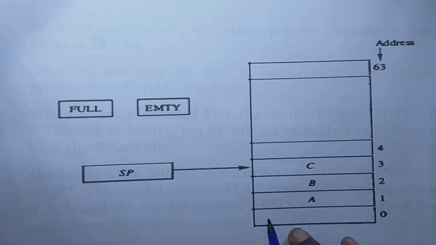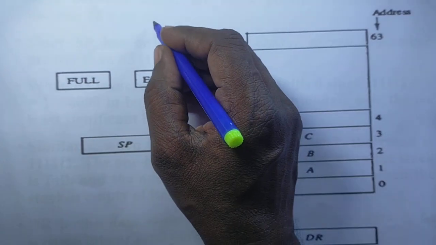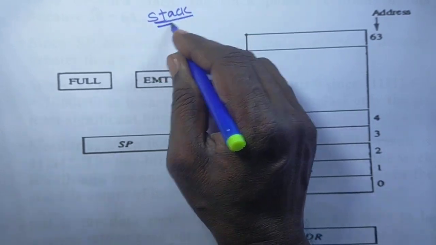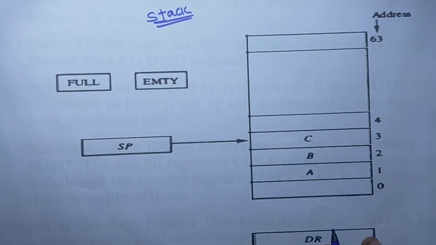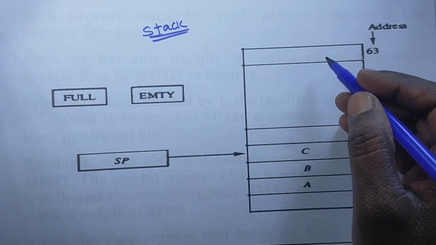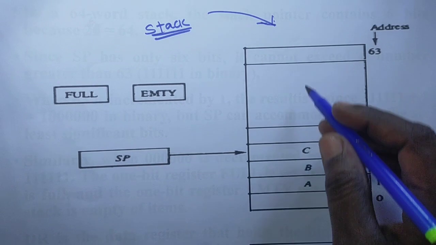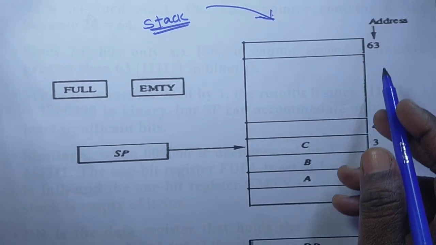This is the stack organization, defined in this way. Let us consider this is the stack. There are positions starting from 0 to 63.